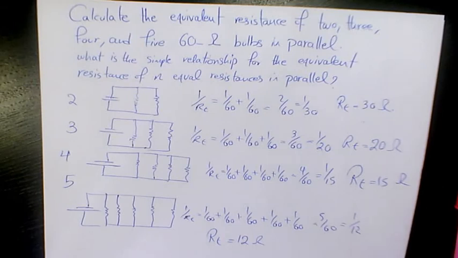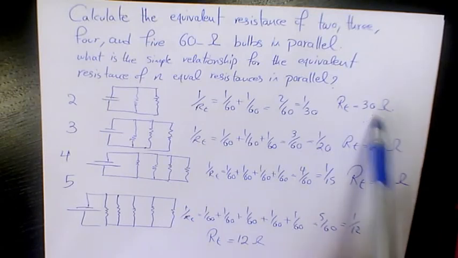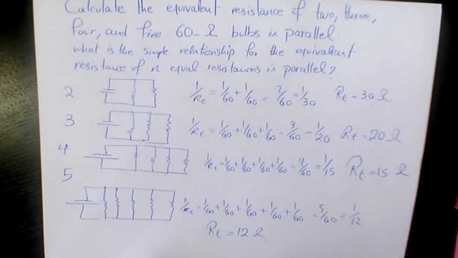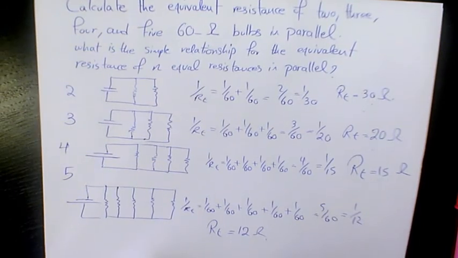In series circuits, any resistance that you add to the circuit, your total or equivalent resistance is going to go up. But in parallel circuits, it's totally different. When you add resistance to a parallel circuit, the equivalent resistance is going to go down. So it is changing all the way from 30 to 20, 15, and 12. So that's going to be the relationship.